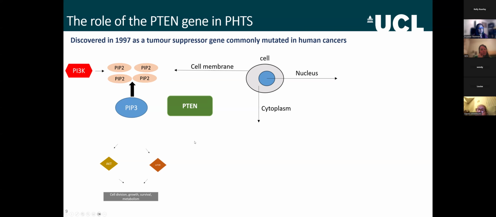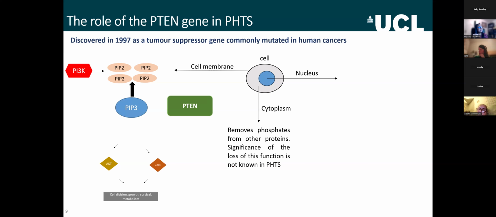So this has definitely been the most studied role of PTEN, and a lot of the effects of PTEN are believed to be caused because of loss of this particular function. But PTEN has other functions as well. In the cytoplasm, PTEN can remove phosphates from other proteins.